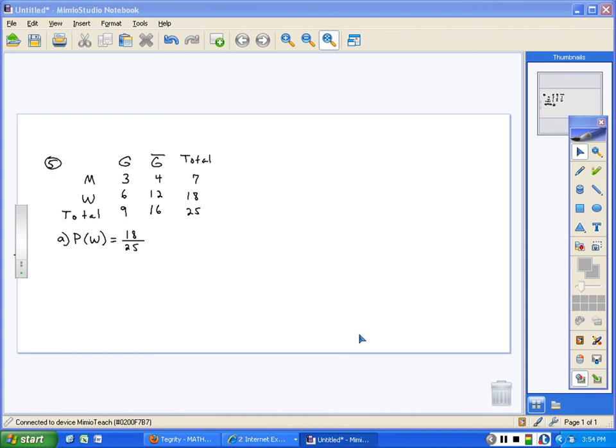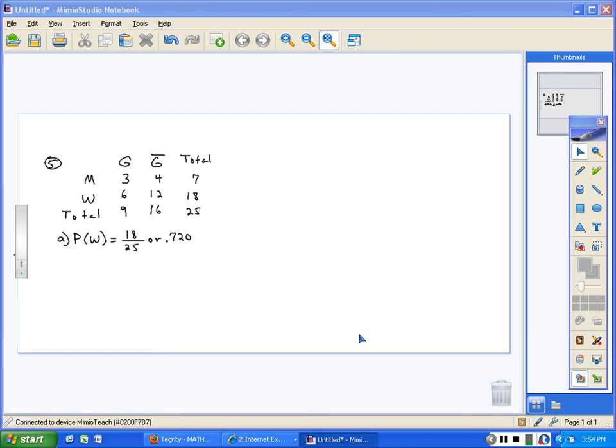You can leave the answer as a fraction as long as it is reduced, and that one is reduced. Or you can change it to a decimal, which would be 0.720. I threw the 0 on there to indicate that if you do have to round, rounding to 3 places is what we usually do.